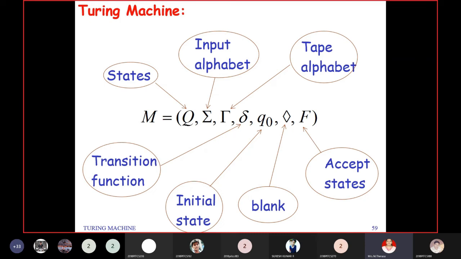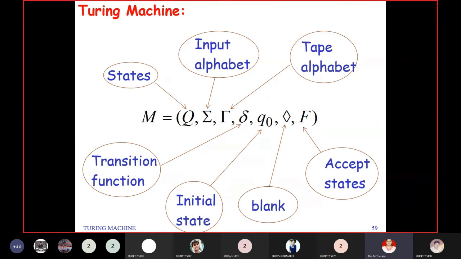Whereas in finite automata we have 5 tuples, Q, sigma, delta, Q naught, F. But additionally we have 2 more tuples which are tape alphabets and blank. Because here we are able to write something else over the tape. But in finite automata we can only read, but here we can write.